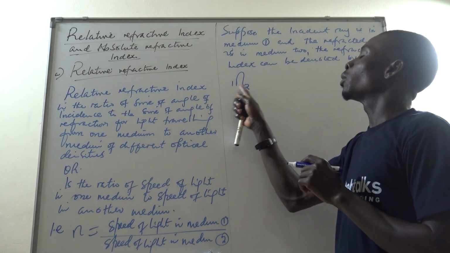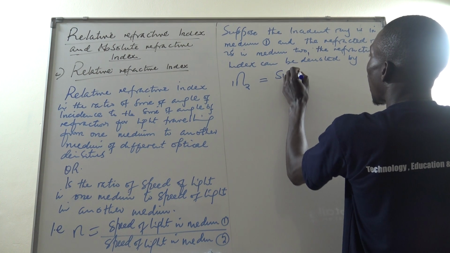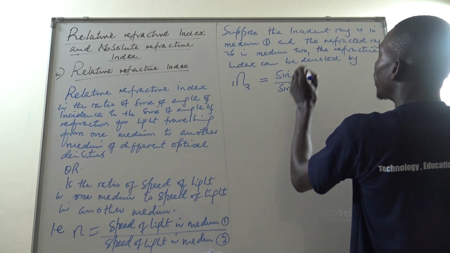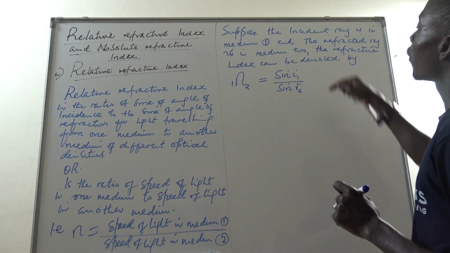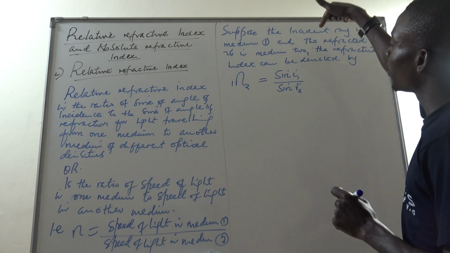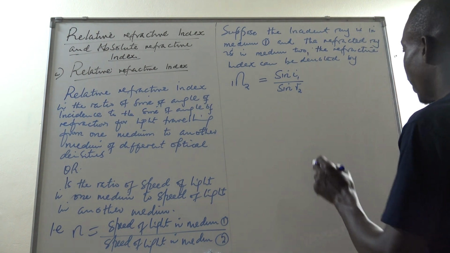Refractive index of 1 to 2 is equivalent to sine of i in 1 over sine of r in 2. The angle of incidence is in the first media, and the angle of refraction is in the second one.